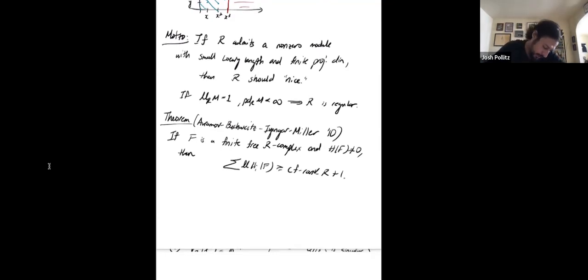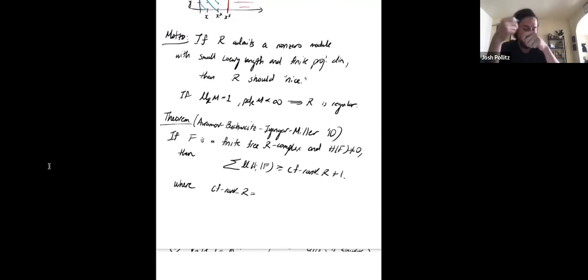Then there is a bound on the Loewy length of the homology modules. It's at least the conormal free rank of R plus 1. So what is the conormal free rank of R? It's kind of what it sounds like.